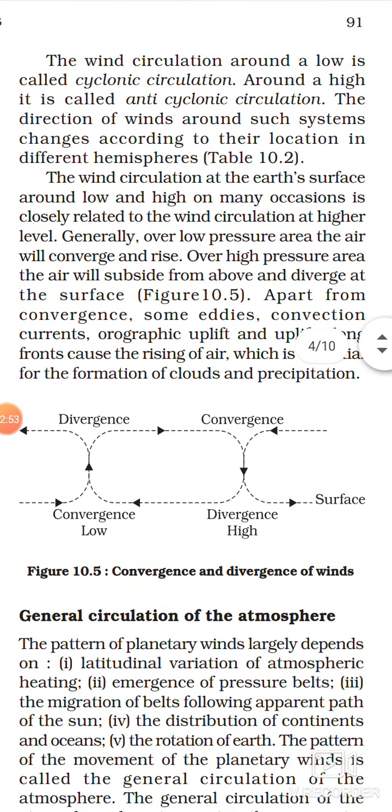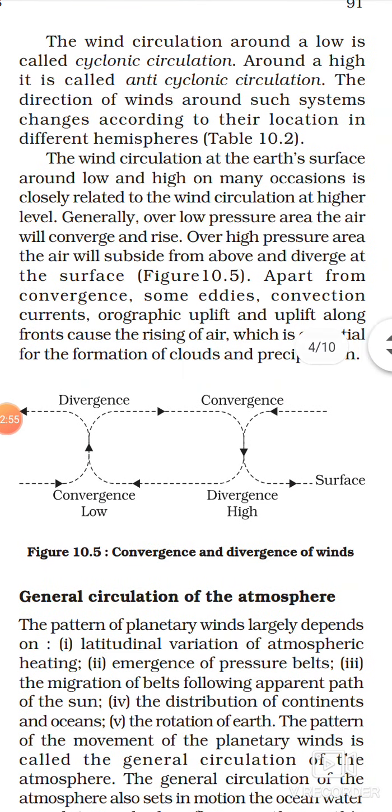The wind circulation around a low pressure is called cyclonic circulation. We know cyclones occur mostly because of the creation of low pressure belts.